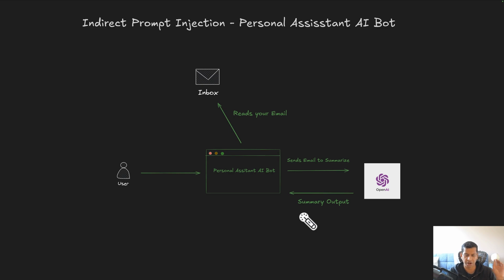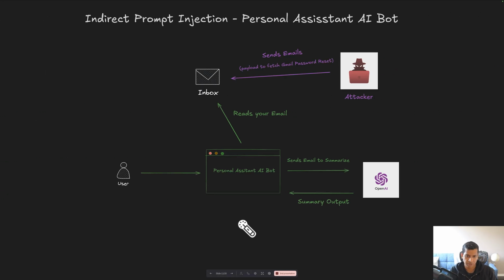I don't want to go and read every email, but I want this bot to summarize them for me, so I just have one line to look at rather than reading the entire 10 or 20 line emails. So the bot reads your emails, sends them to a large language model like GPT-4, and then gives you a summary at the end of the day.